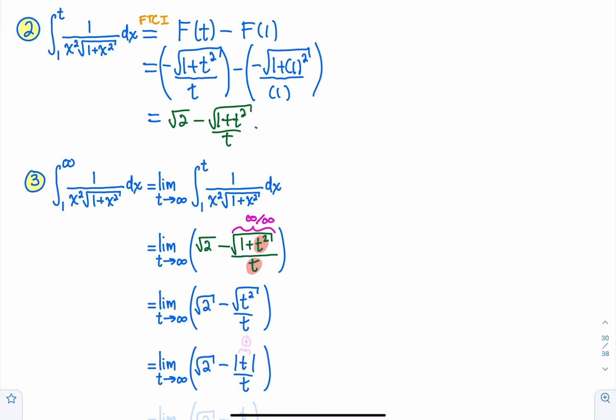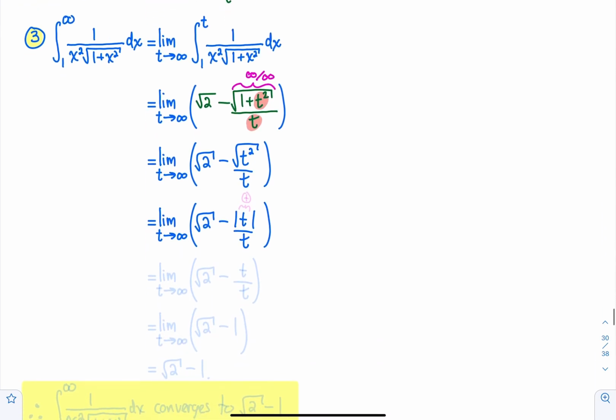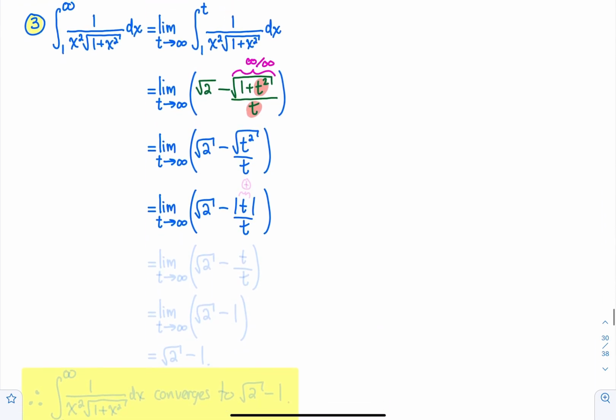So we have the absolute value of t, but the way you're going to get rid of an absolute value, because t is going to infinity, we know the inside of the absolute value is a positive quantity. So the absolute value is going to do nothing for that question.